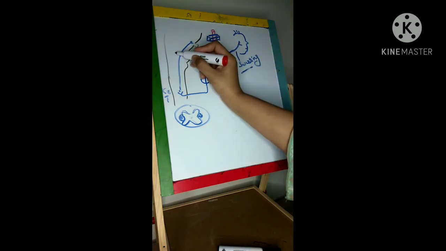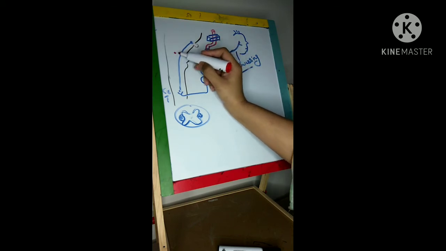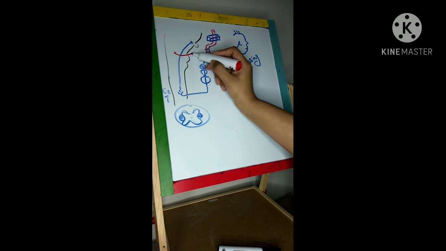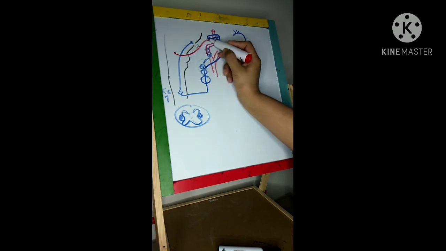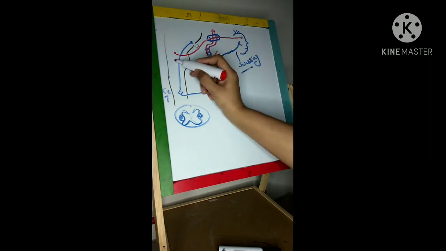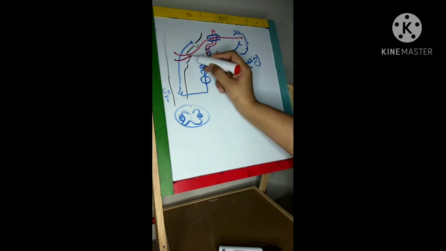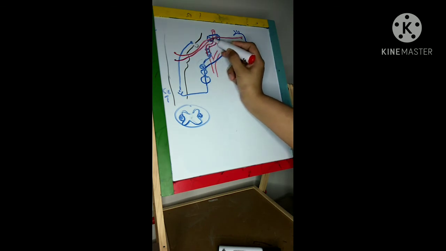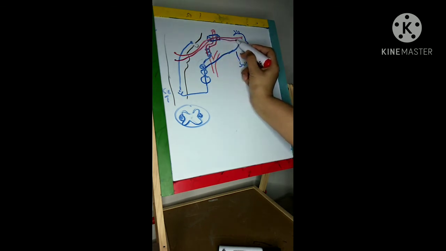In the cavernous sinus, we know that we have other important nerves also, that is the third cranial nerve that comes from the midbrain, and we have the fifth cranial nerve. Actually, we have third, fourth, fifth, and sixth, but here we will talk about third and fifth.